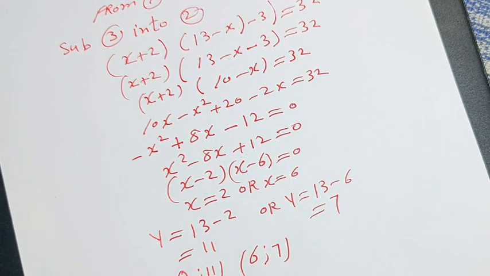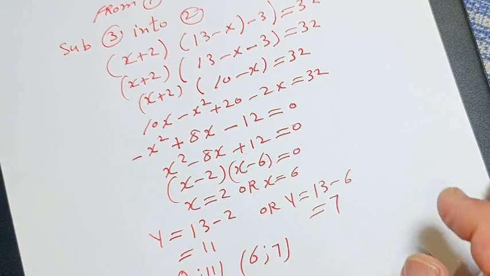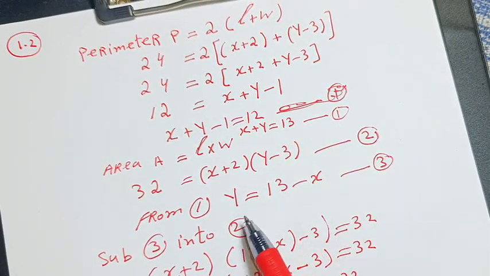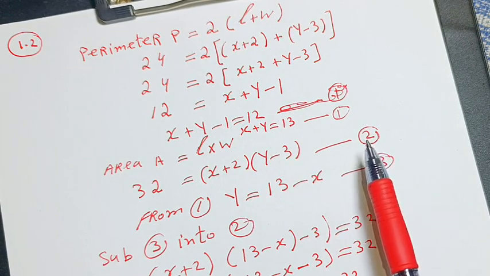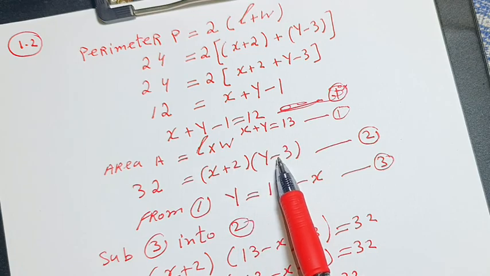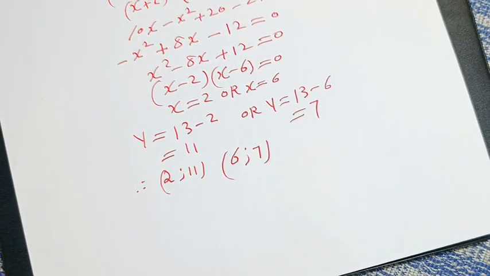I need to check if my answer is correct. You can substitute into any equation 1, 2, 3, you will get the same answer. Say I put in number 2. So x plus 2, y minus 3 must be equal to 32. Have a look. First I take 2.